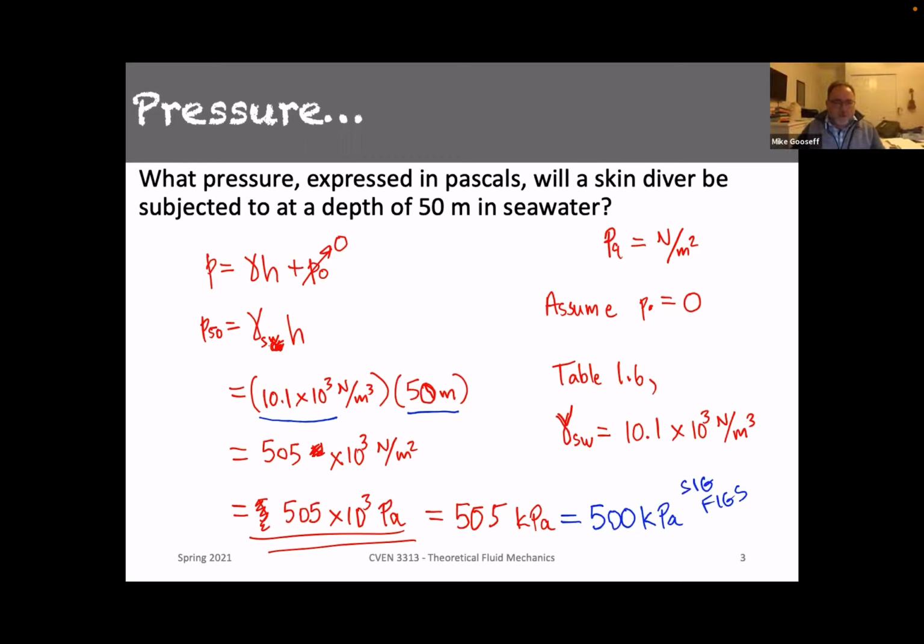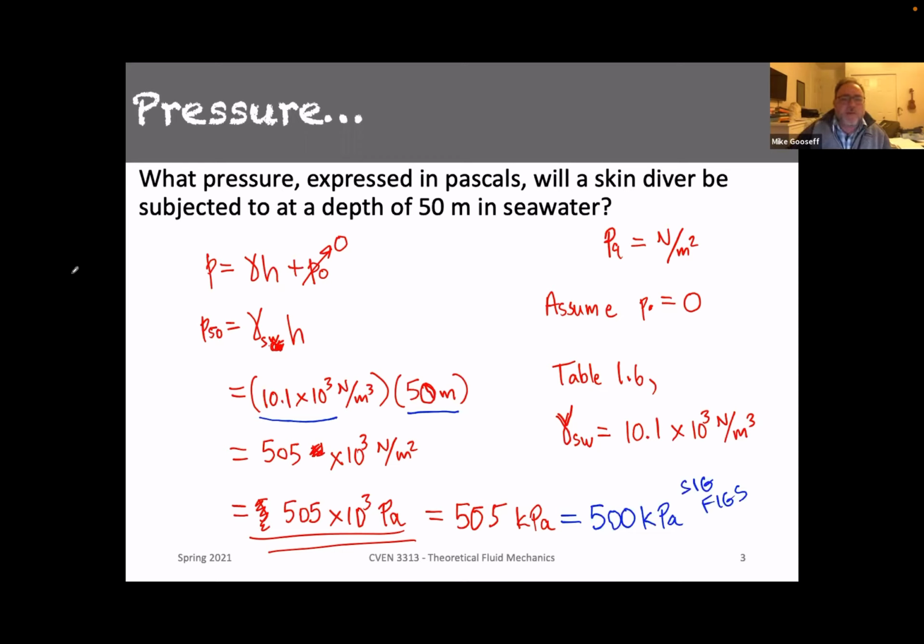This one was simple enough that it was easy for us to go back and say, if I had made sure that I used only one significant figure, this should have been 500, and we could work it through. In general, because you're going to have more complex problems, make sure that you're paying attention to significant figures as you go. Sorry, Mohammed, I didn't mean to throw you guys off. I do want you to do that as you go through.